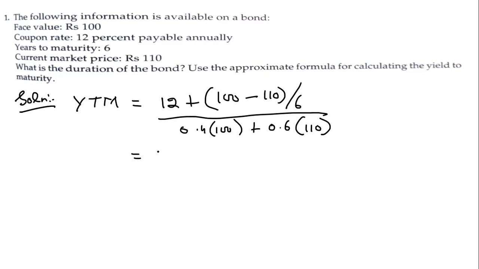So what we get is 12 plus 100 minus 110. So we get minus 10, and divided by 6.